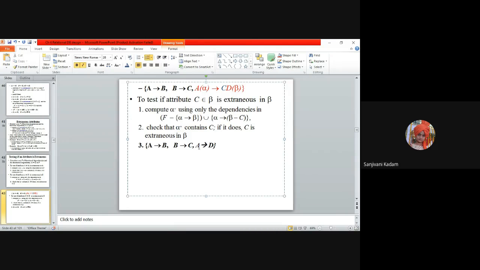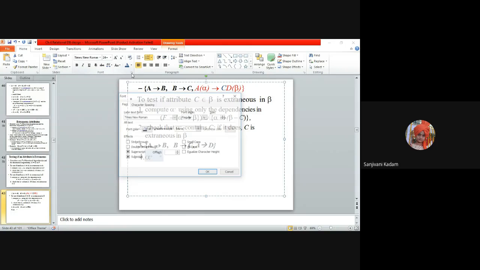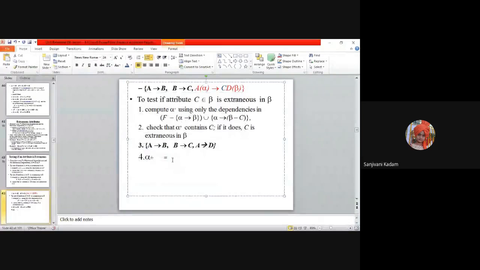Alpha closure. Right now our alpha is A, so we want to calculate the A closure.